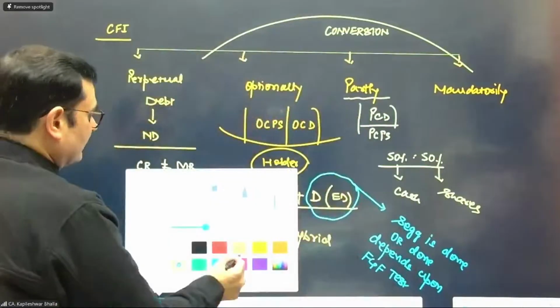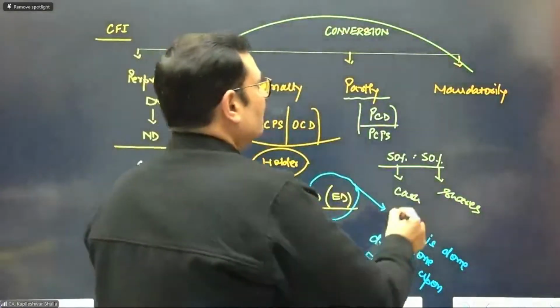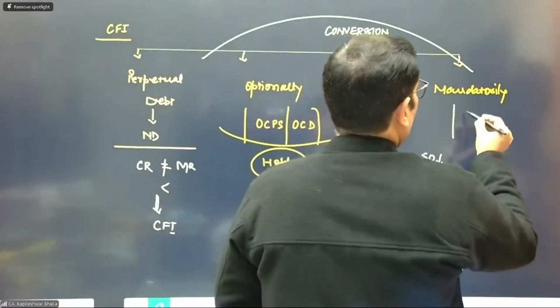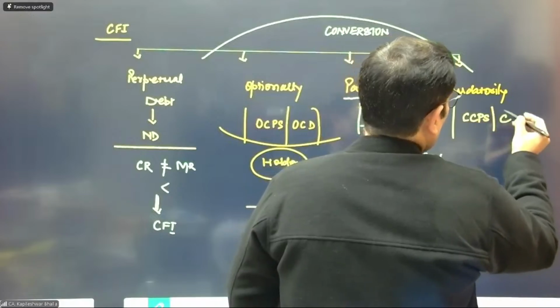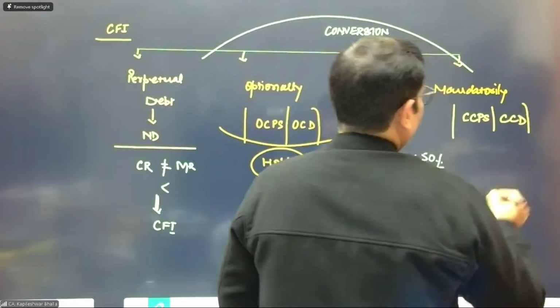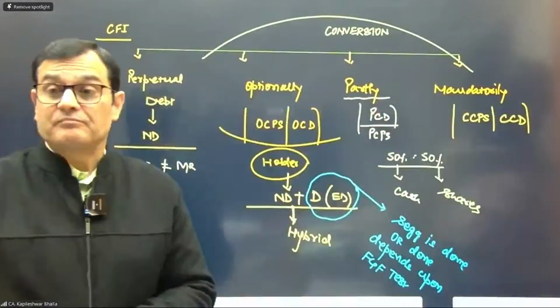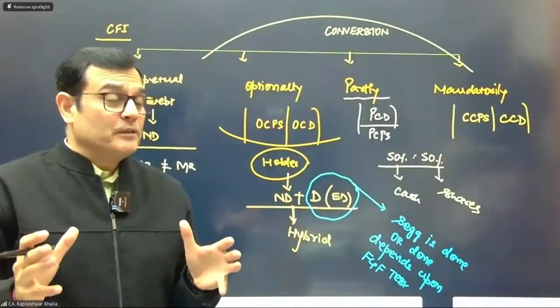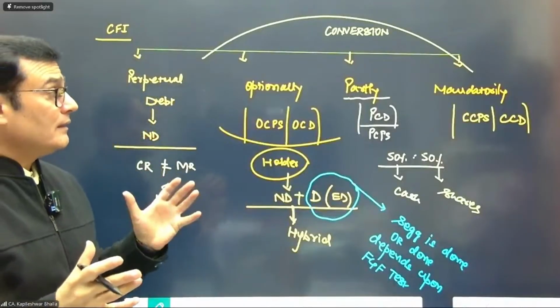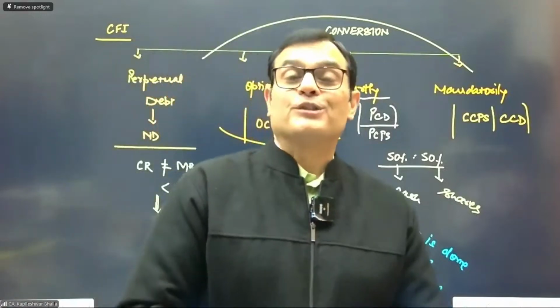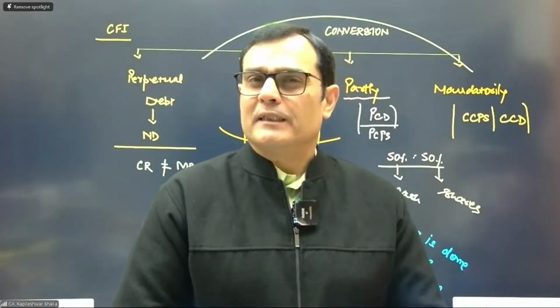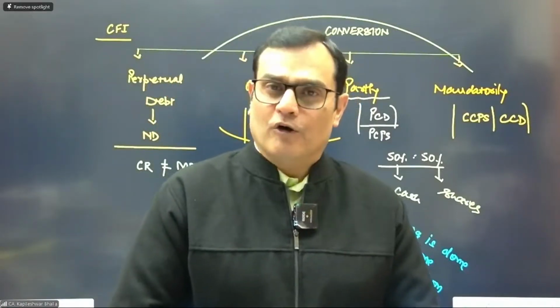So next time when people tell you in the practical world that the company has issued an OCPS or a CCPS, you very clearly know what we are talking of.